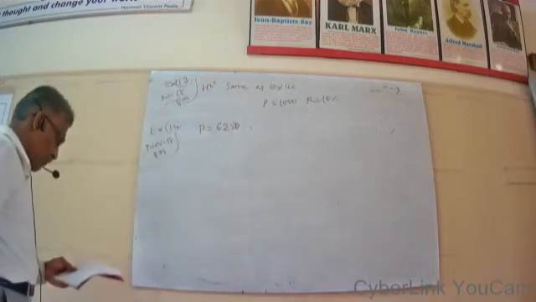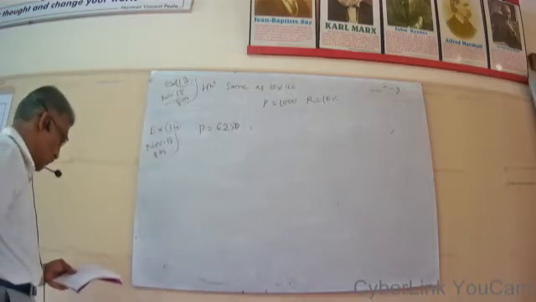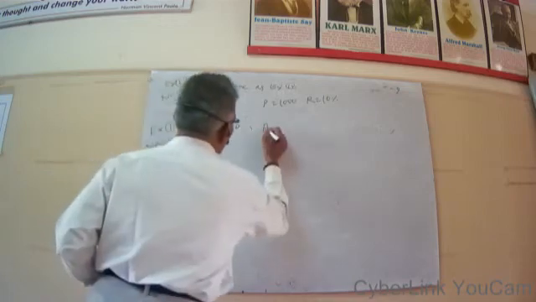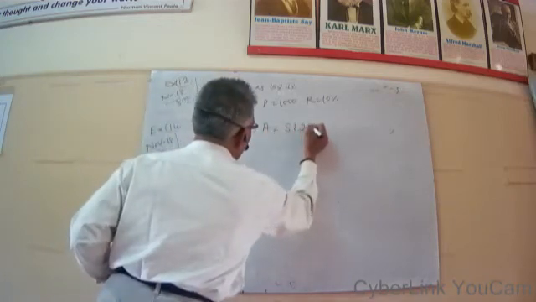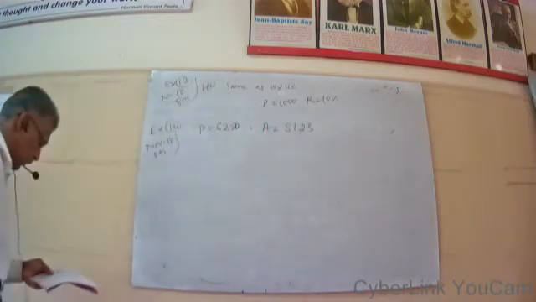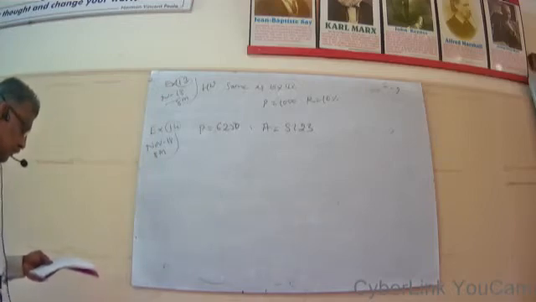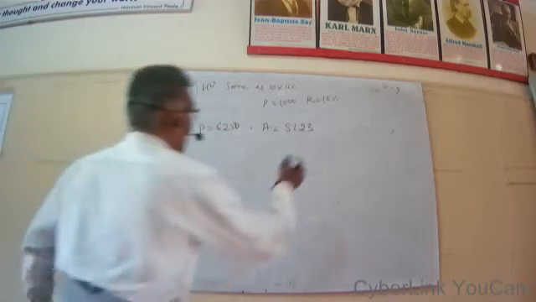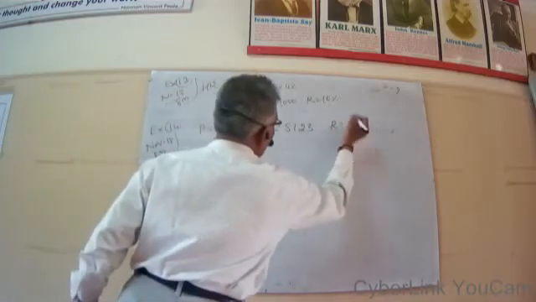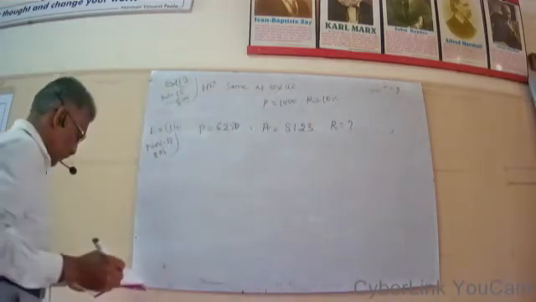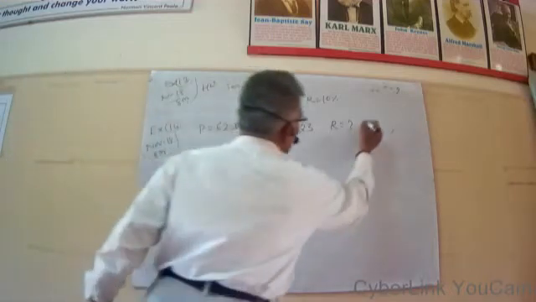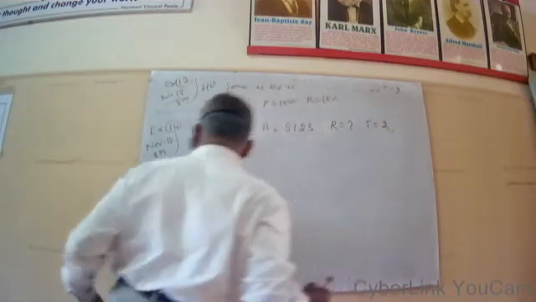A sum of rupees 6250 amounts to 8123 at what percent compound interest per annum? So R is required, in 2 years, so T equal to 2 years as usual.